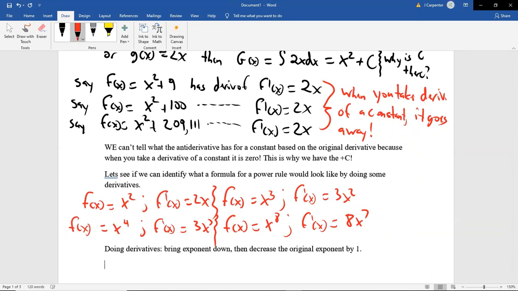We're going backwards. Going backwards, in other words, antiderivative, we need to do the opposite of these things.